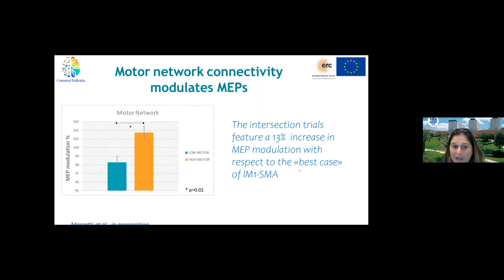So if we subsample the trials and pick only those in which we have not only one pair connected, but two pairs, in a more network-like fashion, then what happens to this MEP modulation? And the answer is that the MEP modulation increases. So in those trials in which the full network is connected, this modulation of the MEPs is even larger in comparison with the situation in which only one pair is connected in the network.